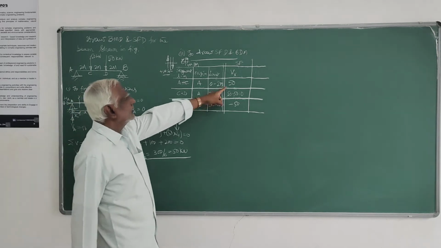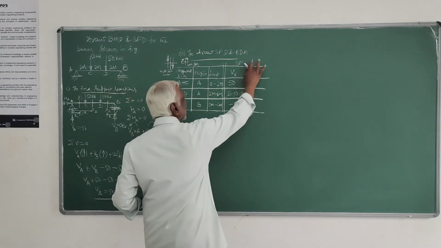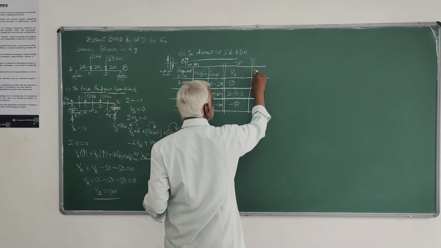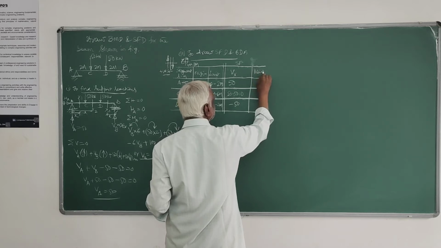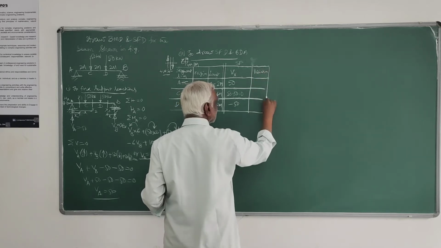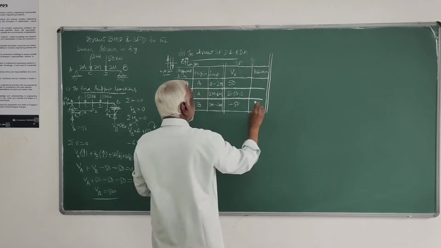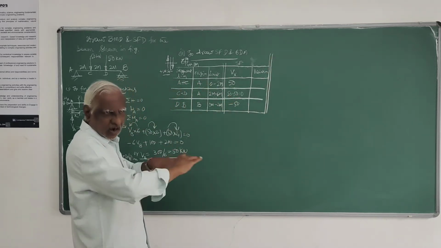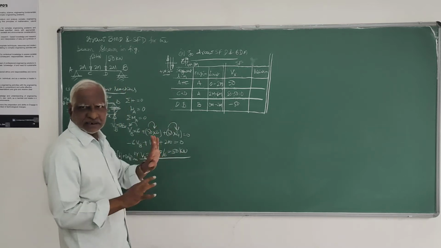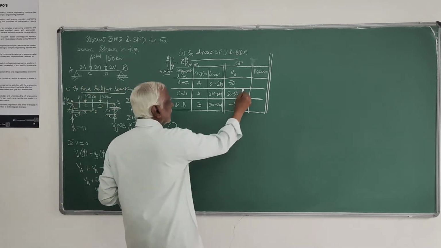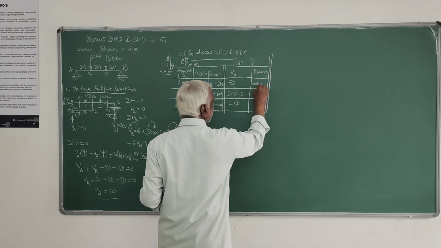So here, the variation also, if you want, you can write the shear force variation. 50 is constant, so variation is constant. There is no variation at all.